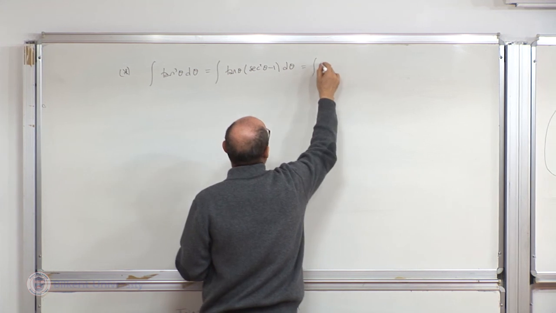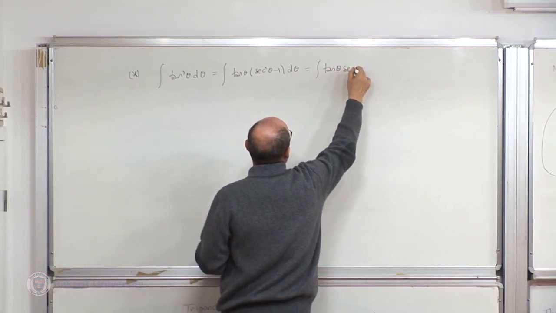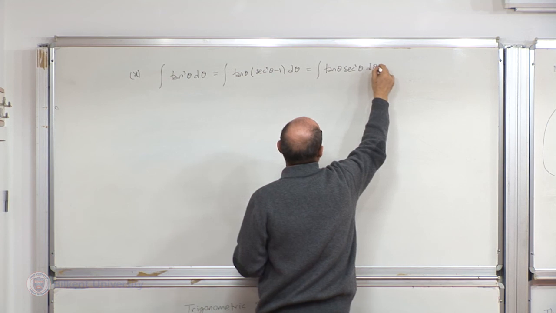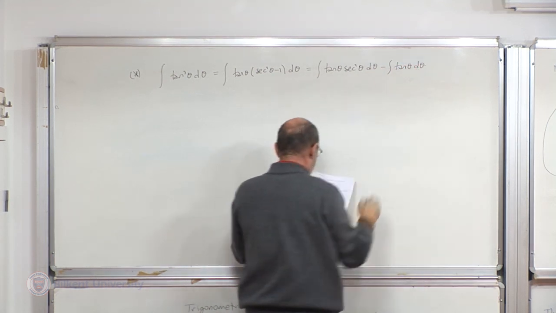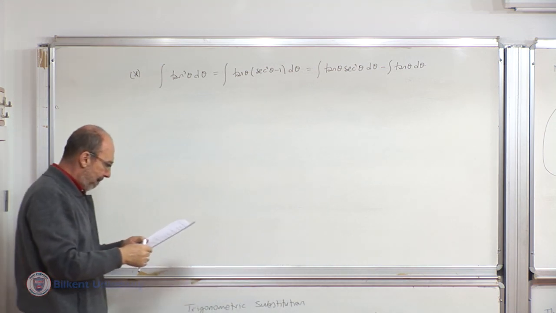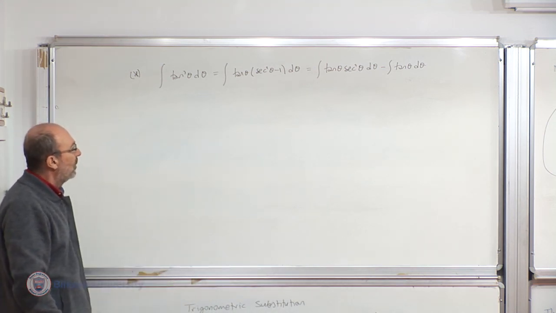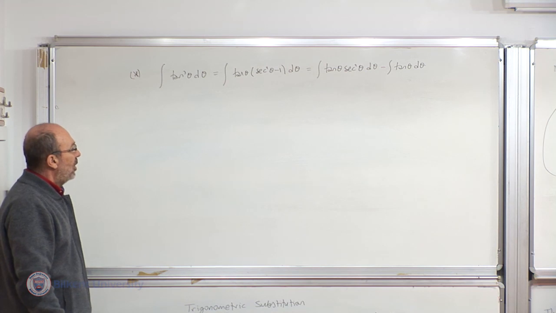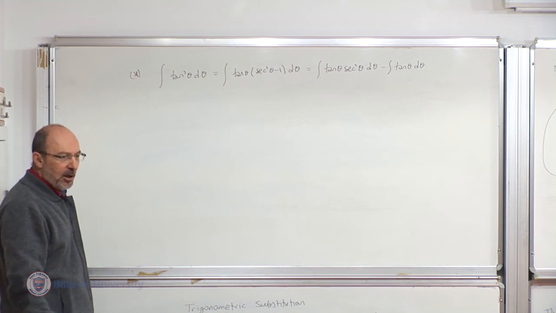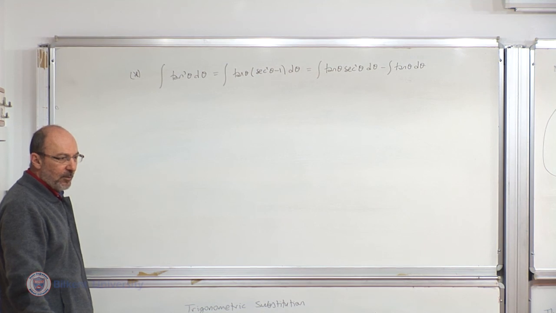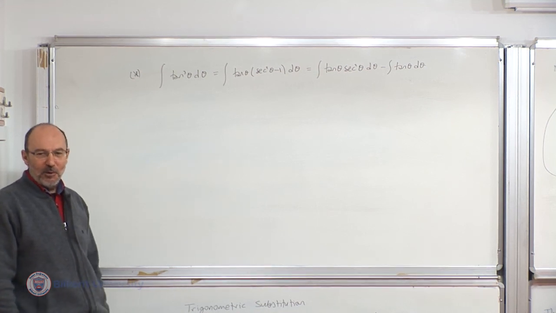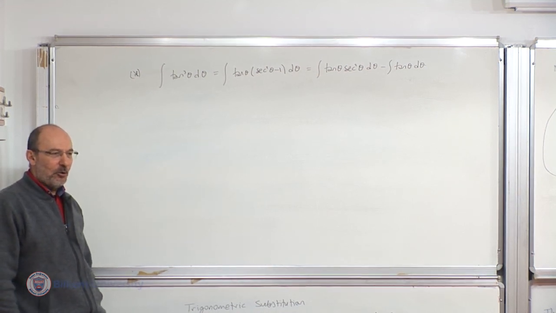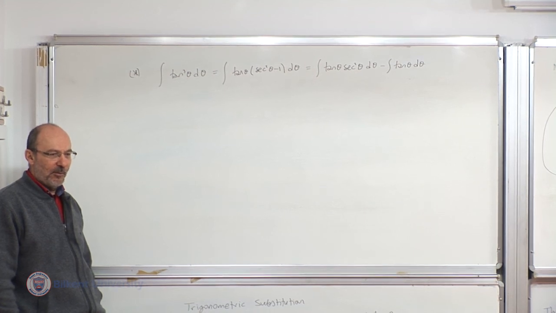This is equal to the integral of tangent theta secant square theta d theta minus the integral of tangent theta d theta. So is tangent theta secant square theta the derivative of something? It is the derivative of something. Immediately when you look at it, you should see that it is the derivative of something.